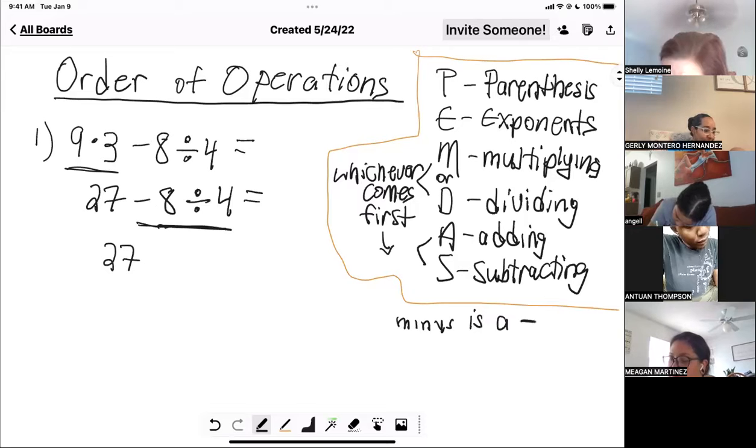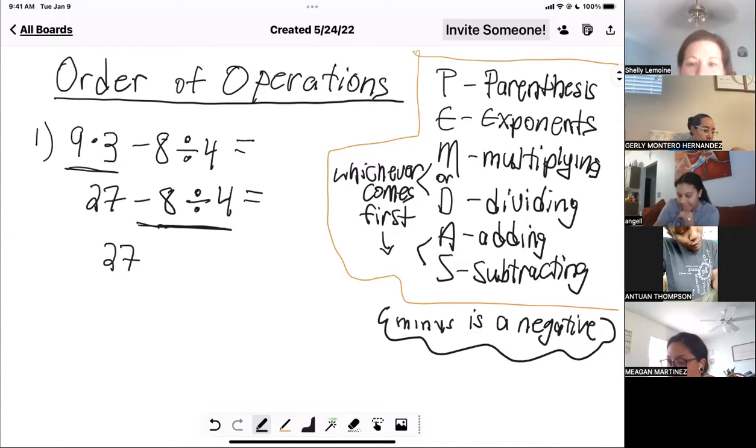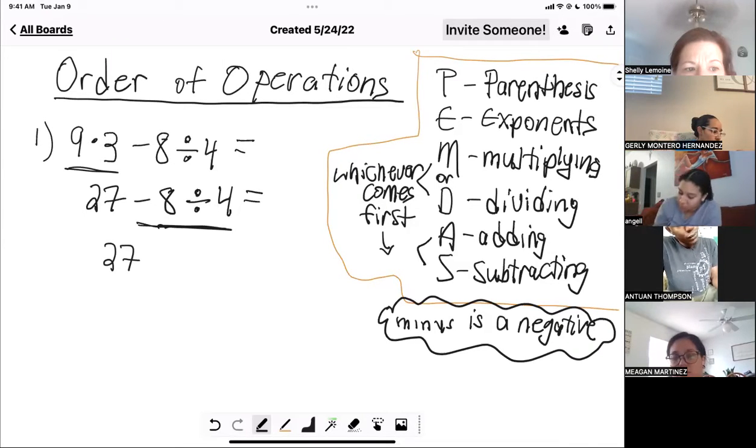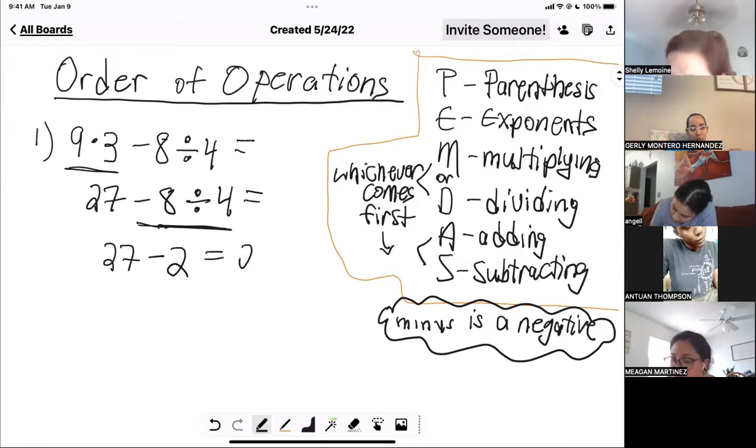I'm going to actually write it out. Minus is a negative. So if you see a subtract sign in front, think of it as a negative. So -8 divided by 4, which is -2. And a minus is a negative, so -2. And then we put it together, lastly, and we get 25.